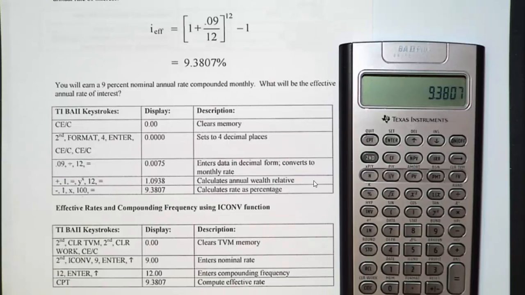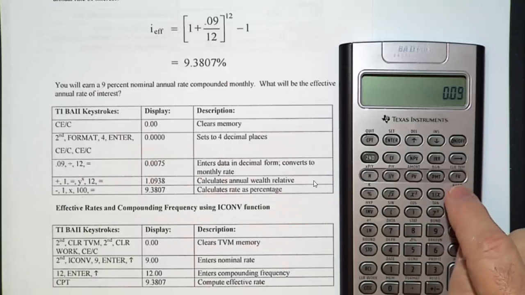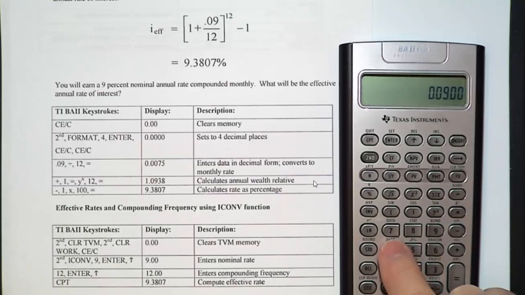Now, you might try calculating what the effective rate of return would be if this were quarterly. So we're going to change the 12 to a 4. So it'd be 0.09 divided by 4 plus 1, and that equals 1.0225.